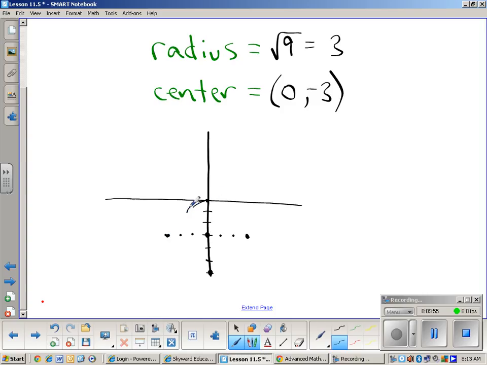And so do the best you can to draw in your circle. Questions on graphing that equation? Okay.